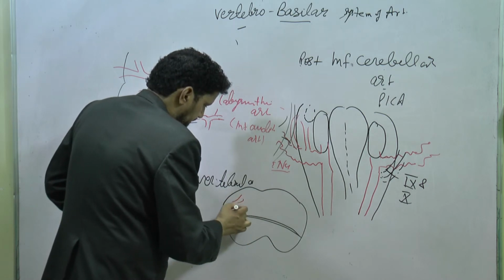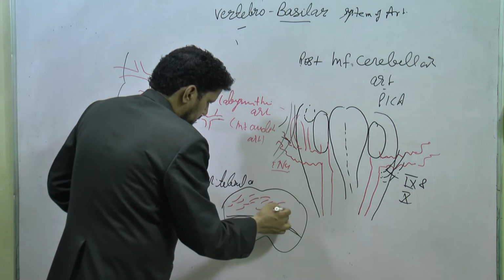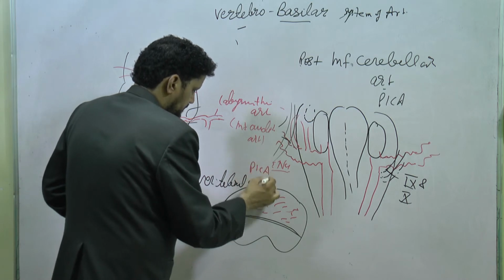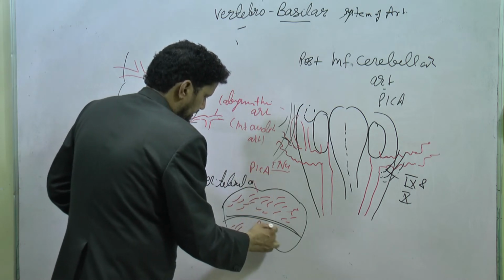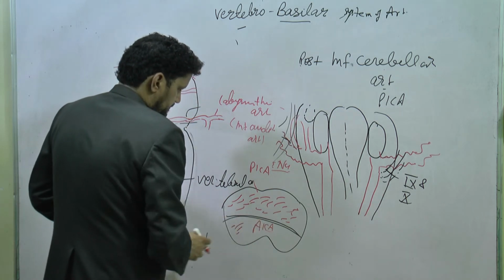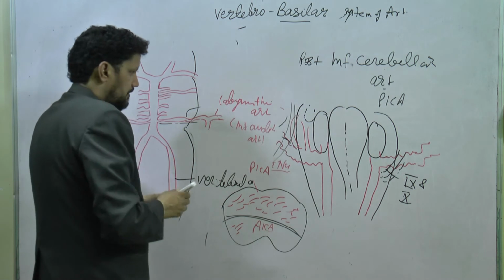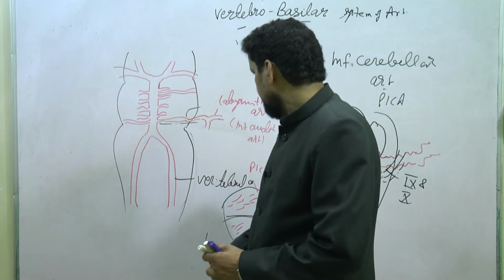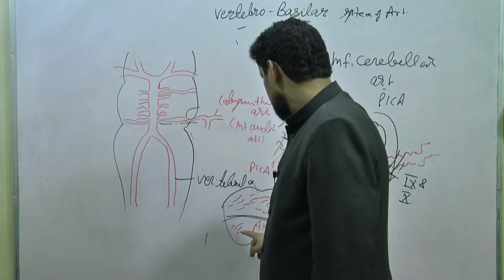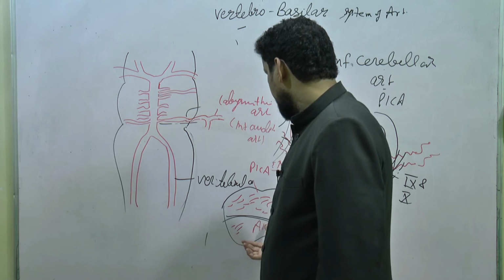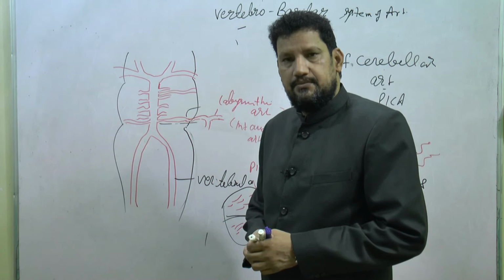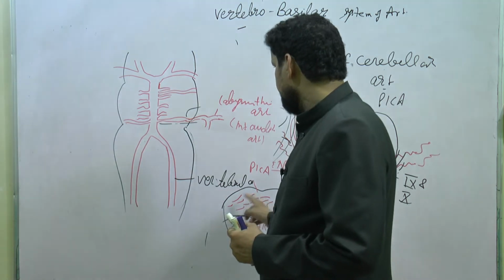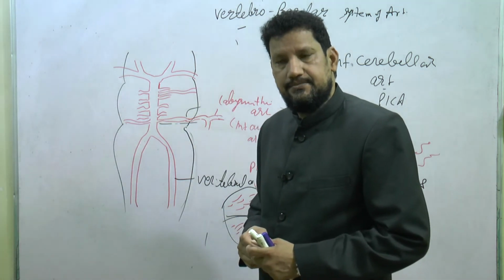The posterior part of the inferior surface is from the PICA, and the anterior part of the inferior surface is from AICA, the anterior inferior cerebellar artery.